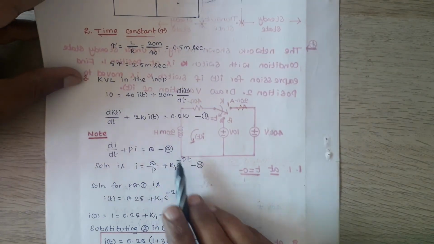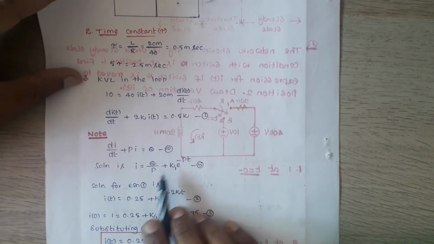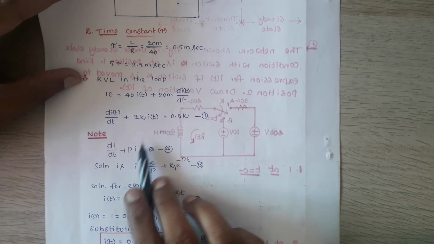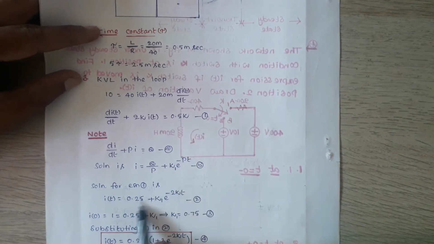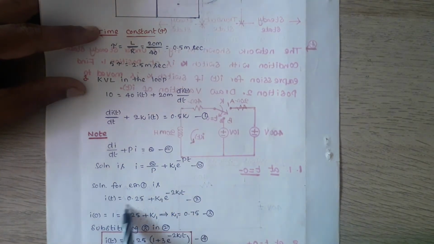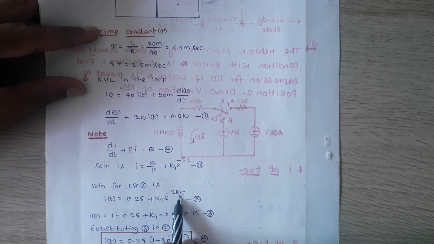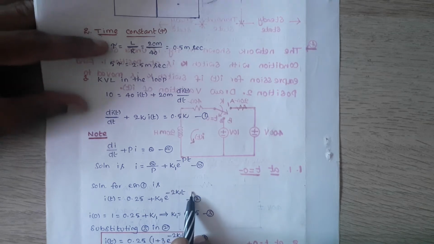So instead of k I am taking k1. Now substitute these values: p equal to 2k and q equal to 0.5k. So in equation B, I of t equal to 0.25 plus k1 e power minus 2000 t, since 2k, k means 1000.